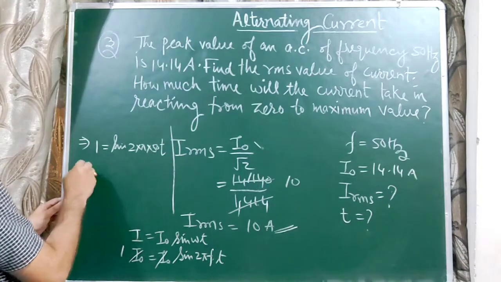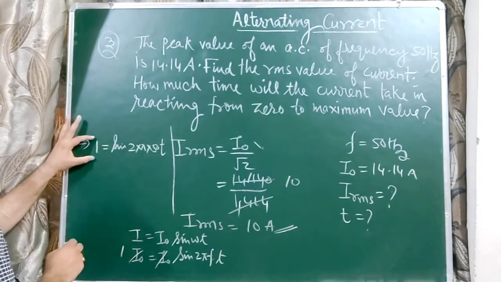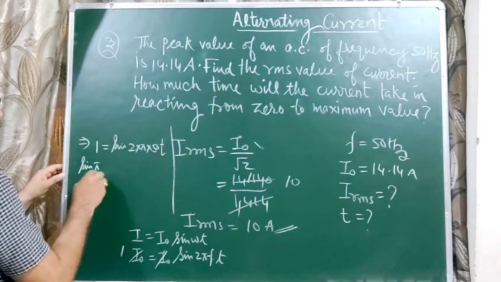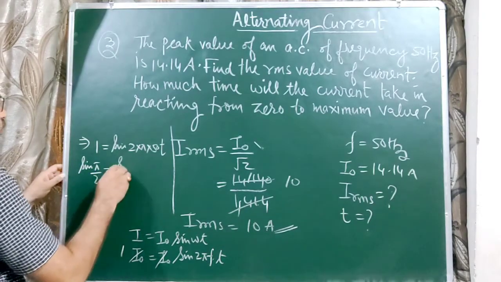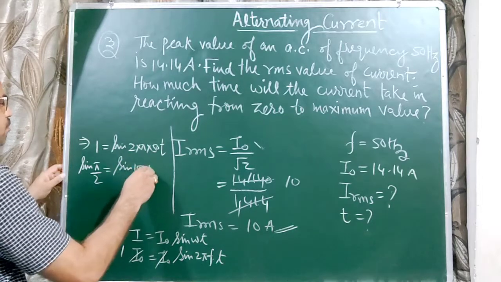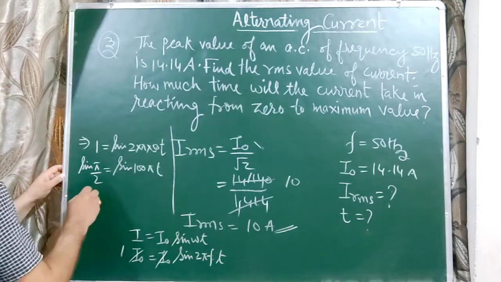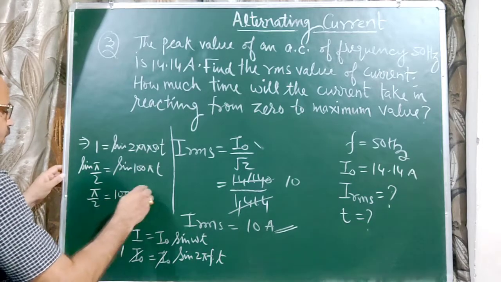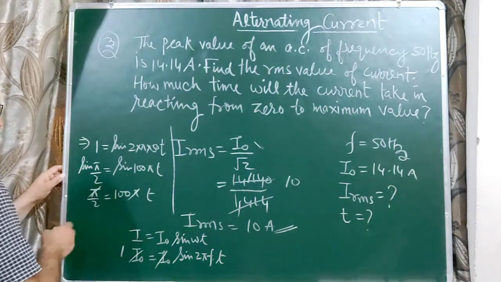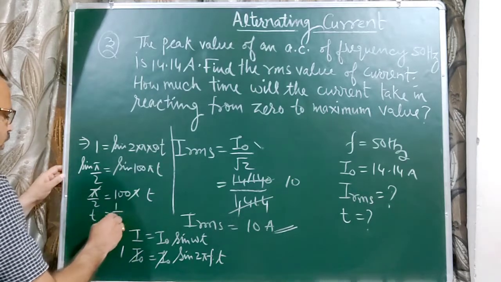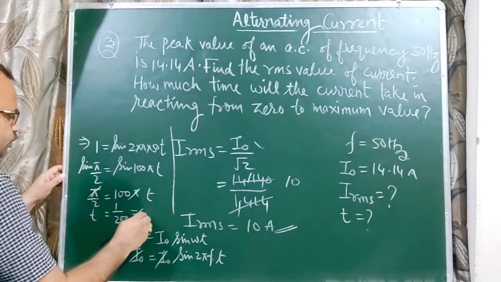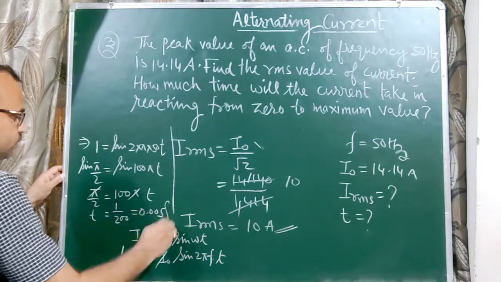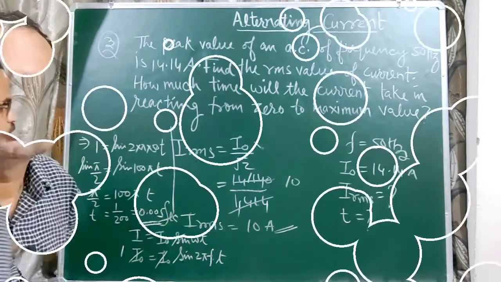Okay, so 1 value in sin, pi by 2 equal to sin 100 pi t. Sin to sin cancel, then pi by 2 equal to 100 pi t. Pi to pi cancel, t equal to 1 upon 200, means 0.005 second.